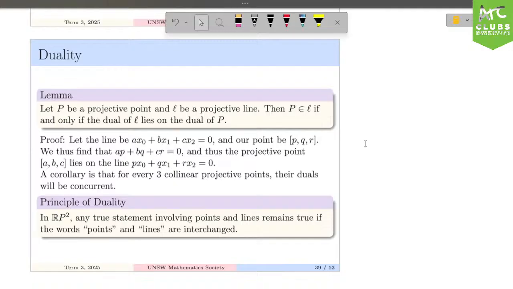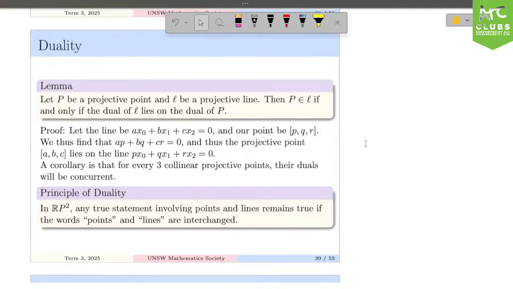However, we can replace that with concurrent, and we end up with the lines A dual, B dual, and C dual are concurrent at the point L dual. And there are ways to formally define this swapping words around, but it gets messy, and that is not part of the course.